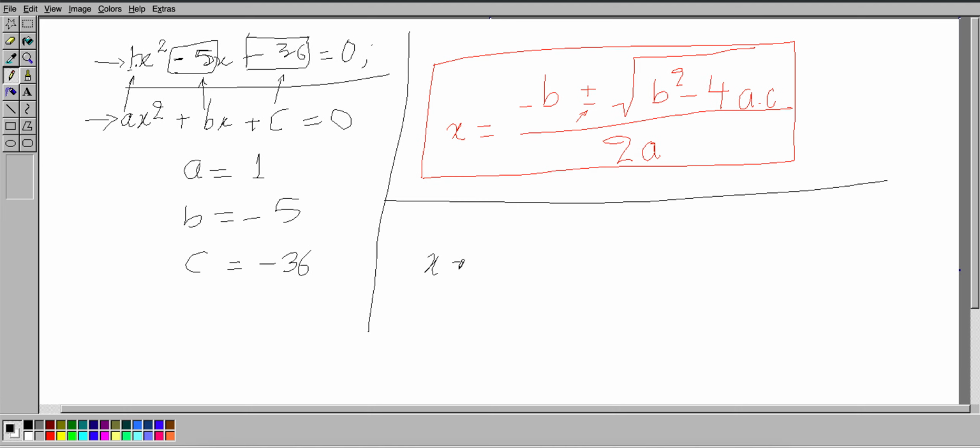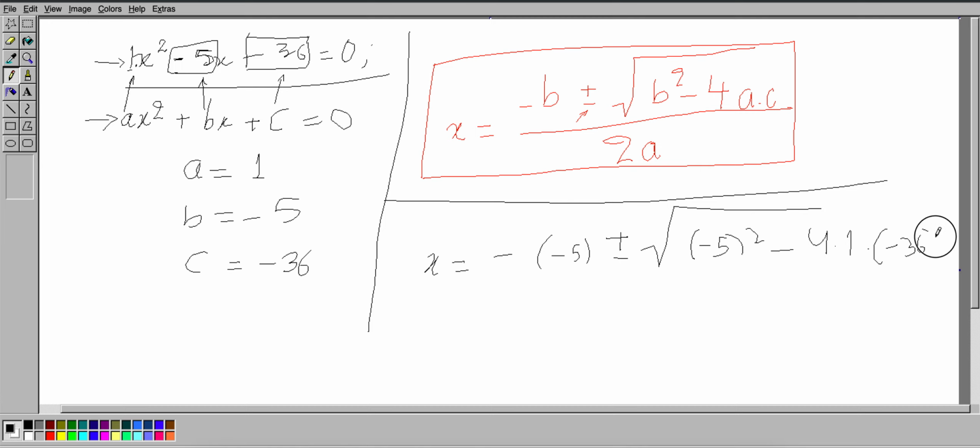So x is equal to minus, this is -5, -5, plus minus the root of -5 squared minus 4 times 1 times -36, divided by 2 times 1.